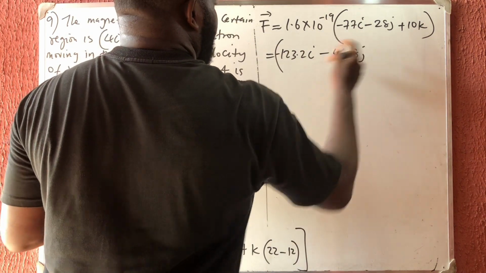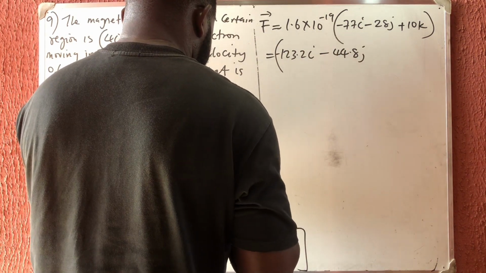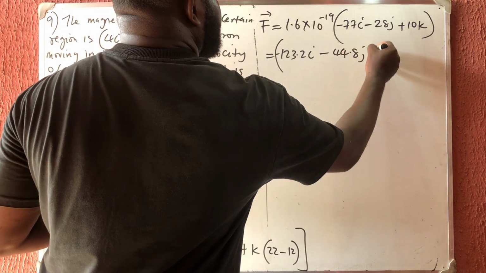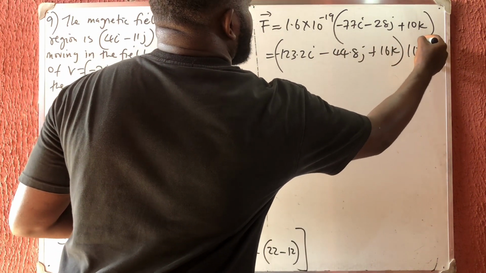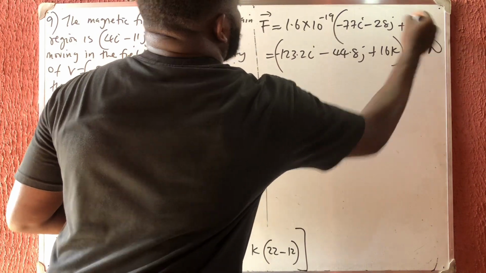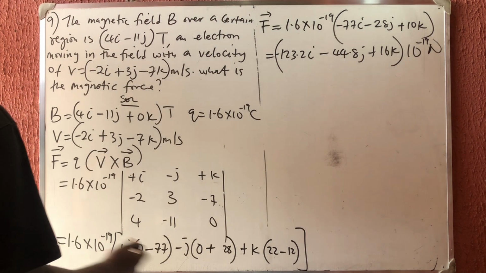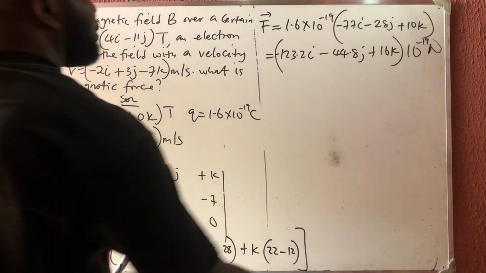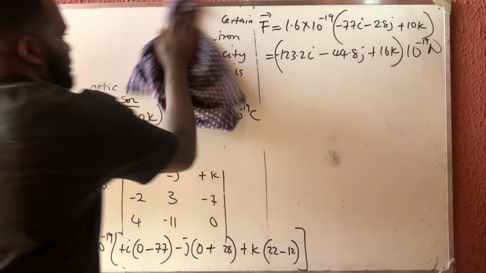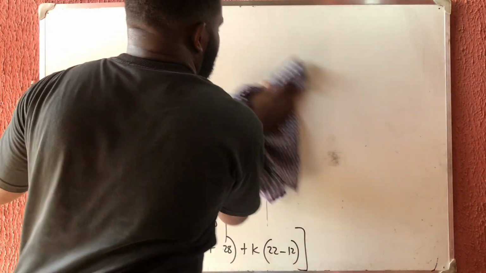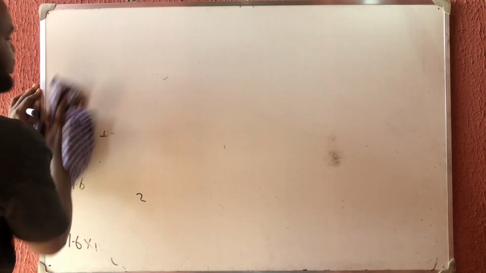Then 1.6 times 10 gives you 16, that is plus 16k. Everybody, you have 10 raised to power minus 19 in Newton. So that is that for that. Very simple. So we move to the next question, which is the last question. The next question is the last question.